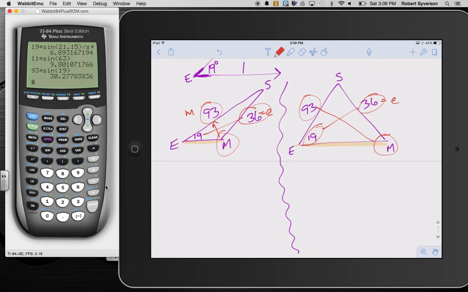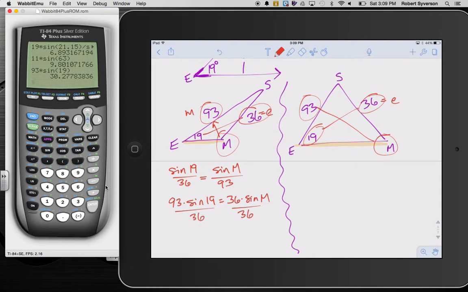Okay, so let's set this up. I'm going to go ahead and say, all right, well, the sine of 19 over 36 is equal to the sine of whatever angle M is over 93. Cross multiply. 93 times the sine of 19 equals 36 times the sine of M. And divide by 36.